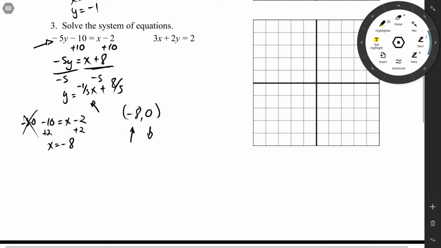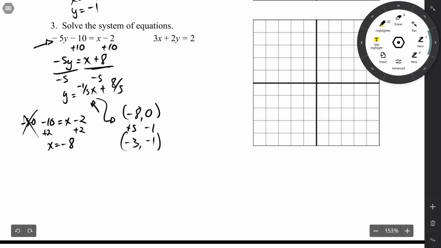So if we add 5 and subtract 1, we'd have -3, -1. That is a point that we can graph on our grid here. So we'll go to that point, -3, -1, right here. We already know the slope, -1/5.